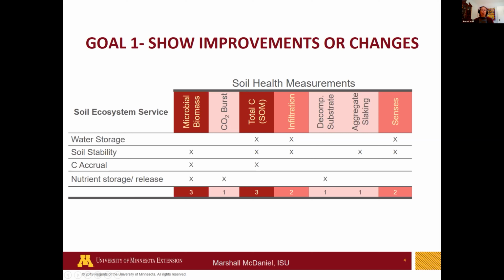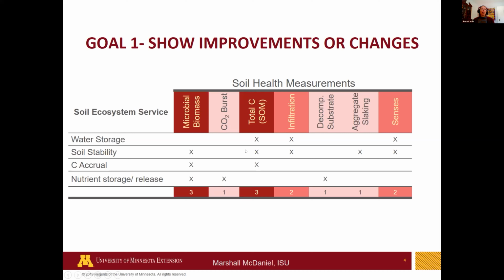It's an indicator of carbon accrual because microbes are the engines through which carbon is pumped into the soil. And it's an indicator of nutrient storage and release because microbes are the transformers of nutrients from their organic forms to their inorganic forms. So in the other columns, you can see that, for example, the CO2 burst test is only looking at microbial activity, so it's most focused on this ecosystem service.